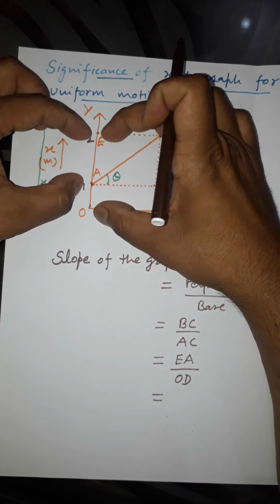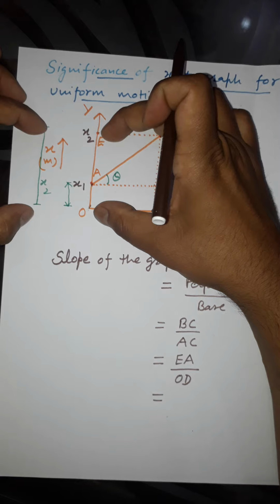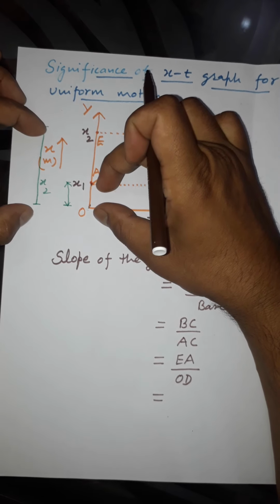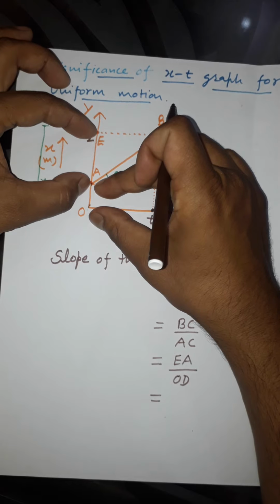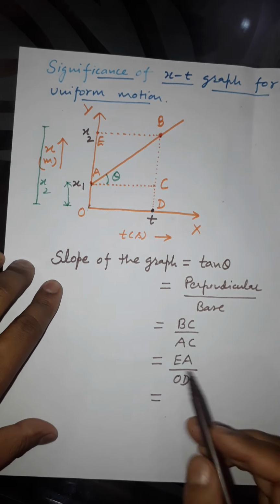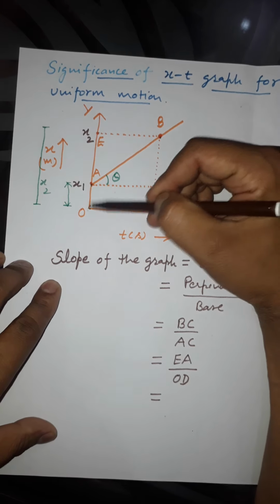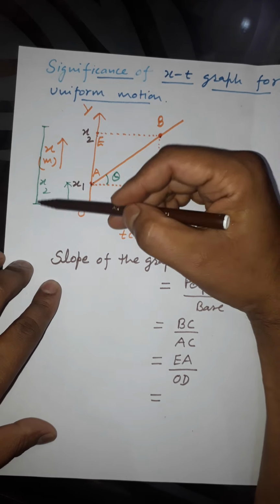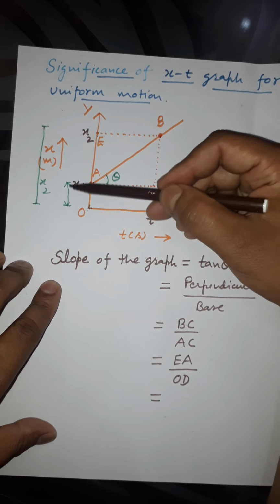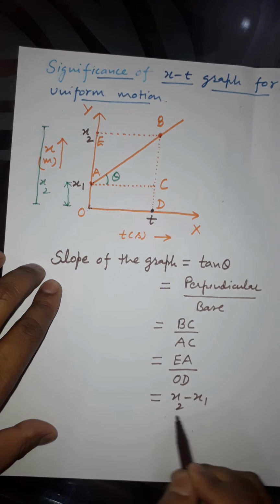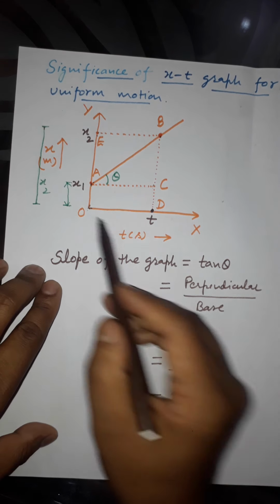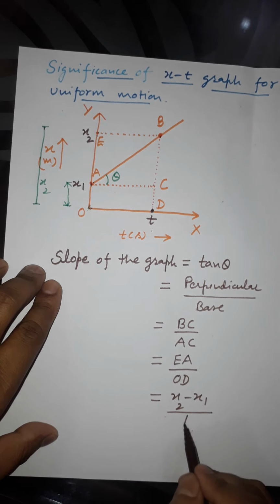It means EA distance is equal to OE minus OA. So EA is equal to OE minus OA. So OE is equal to x2 and OA is equal to x1. So EA is equal to x2 minus x1 over OD, which is equal to t, time t.